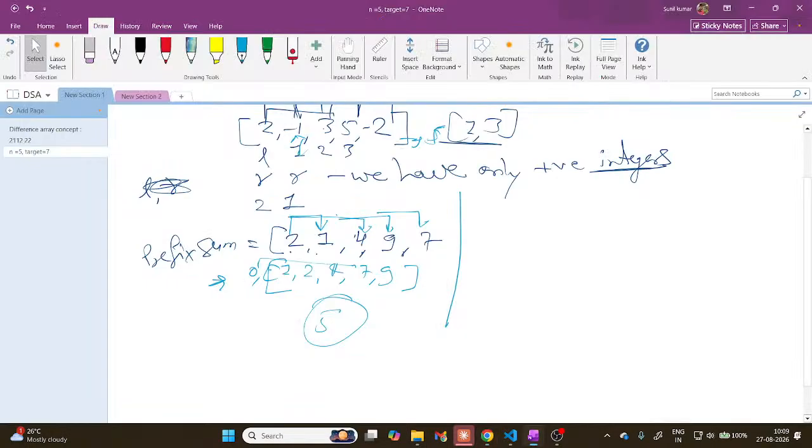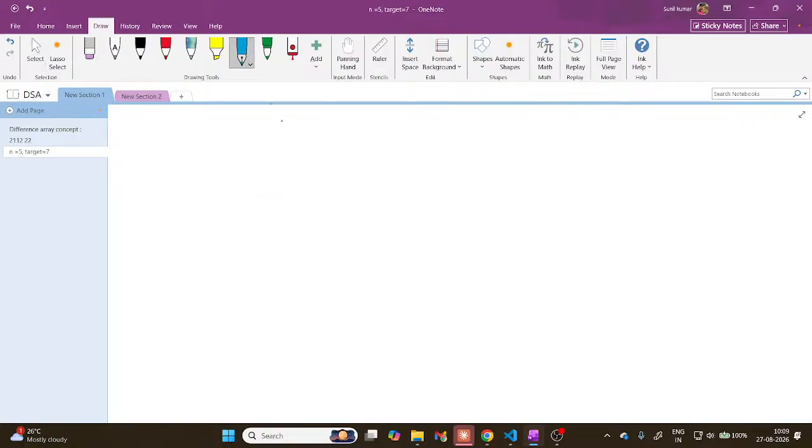So we are tracking day zero, day one, day two, day three, day four, day five, day six, day seven, day eight, like this. We are tracking the financial ledger.